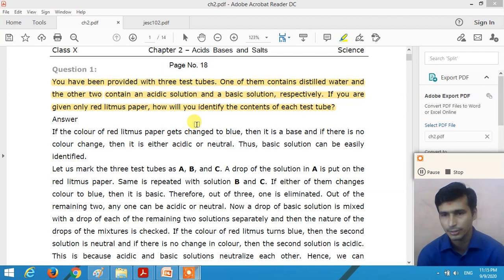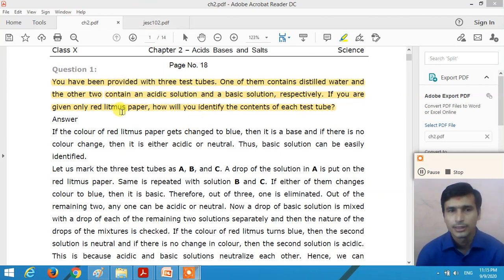So here dear student, litmus paper is used to tell whether a solution is acidic or basic, which we discussed in the first video also. An acid-base indicator is used to show the acidic nature or the basic nature of the solution, and red litmus paper and blue litmus paper are there, right?